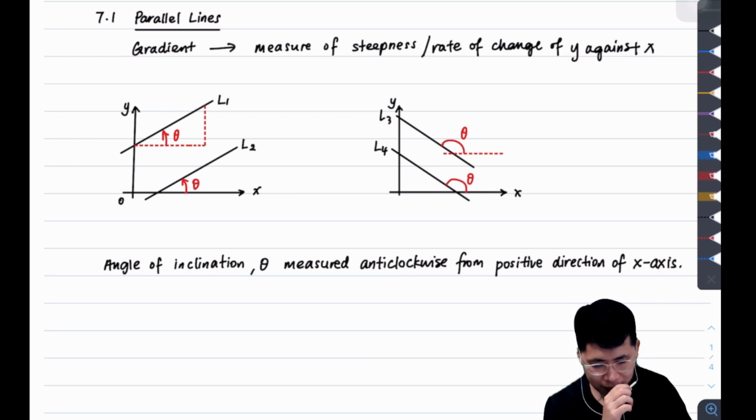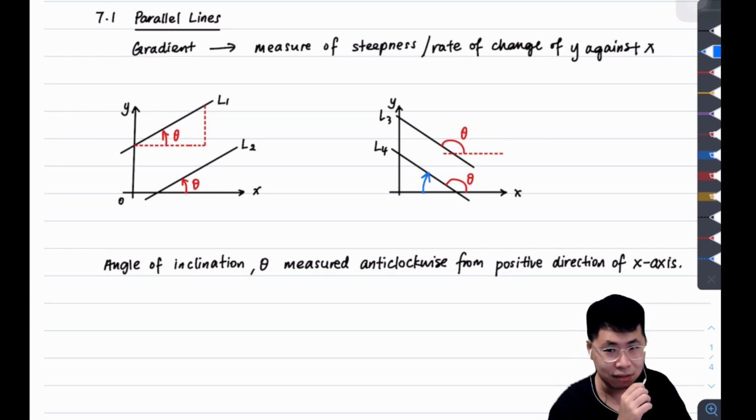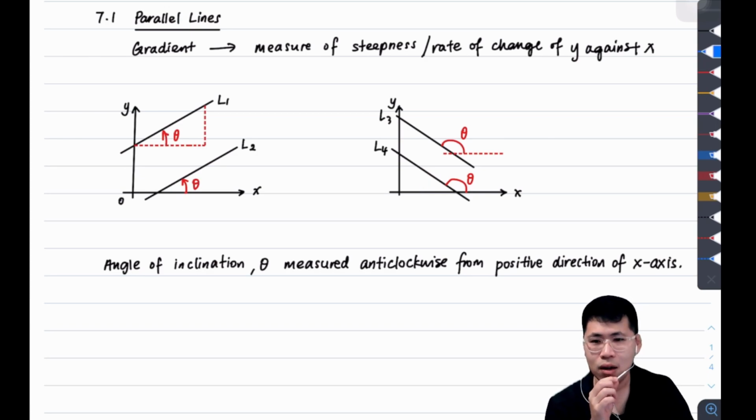Now what do we mean by this? If we go to the negative direction of the x-axis, the angle that we would look at is this one over here, looking clockwise from the negative direction, which is not what we want. We always refer to the positive direction of the x-axis for the angle of inclination.